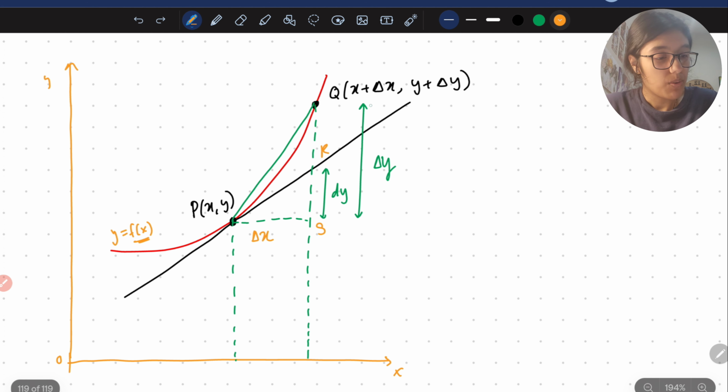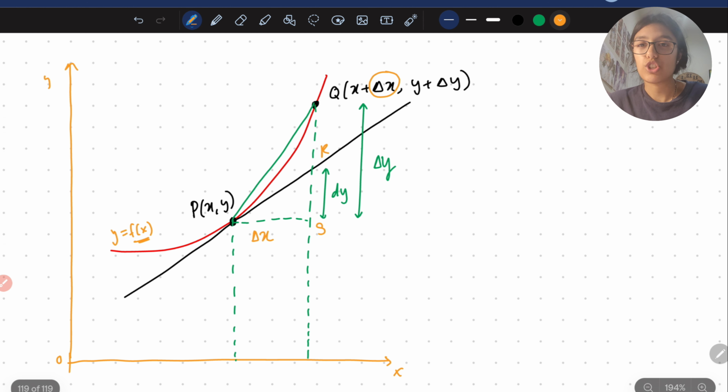Similarly, Q is going to be x plus delta x. Delta x, I'm sure we all know, is just the change in x, right? So in this case, I'm taking the x value of point P, which is x, and I'm adding the change in x. Hence, it's going to go to a different point. So we have x plus delta x.